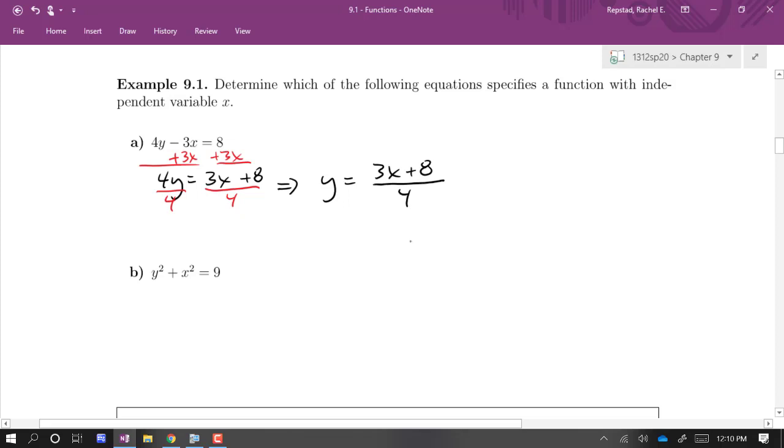So when I look at the equation in this form, this is an equation that is all set up to spit out y once I plug in x. And this equation does specify a function. If I take a real number and multiply it by 3, there's no ambiguity about what it will produce. If I take a number and add 8, there's no ambiguity about what the result will be. And likewise, if I take a number and divide it by 4, there's only going to be one possible output. So this equation does specify a function.